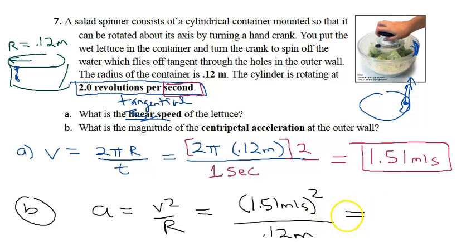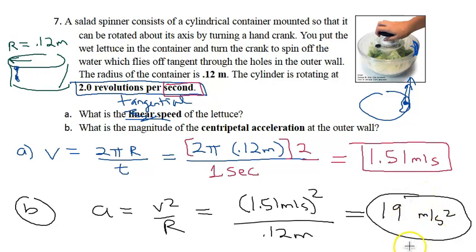And you get 19. So almost, the lettuce is feeling almost 2 G's, which is pretty strong. I don't know if that's a realistic problem or not. Okay, that was the end of centripetal acceleration, and getting practice with thinking about how you calculate velocity for going in a circle. See you in class.